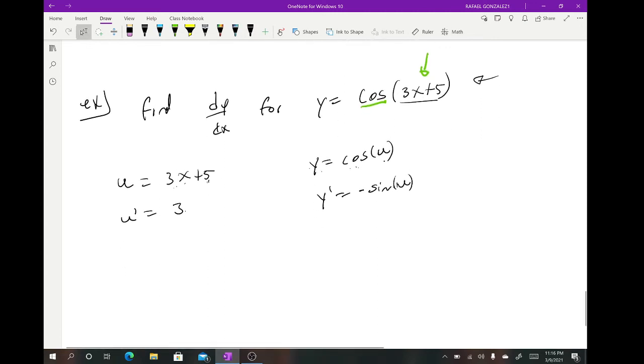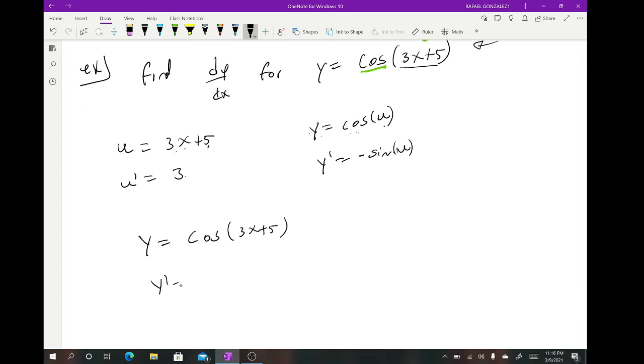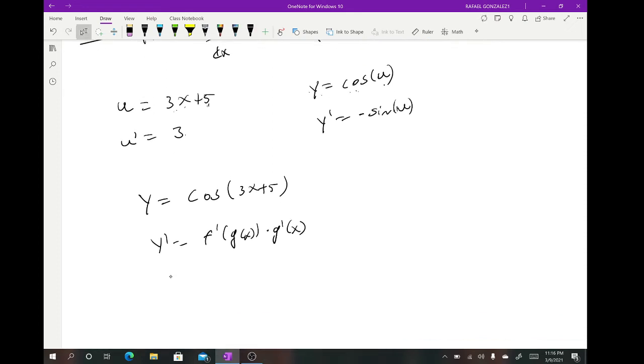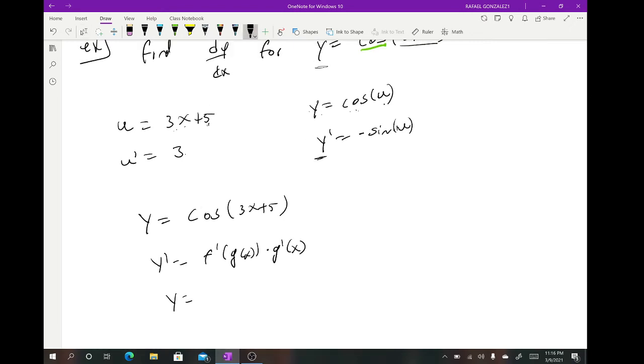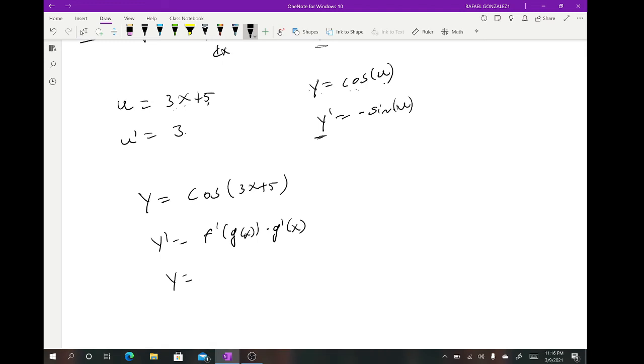So if we put the chain rule together now, let me just rewrite this. So this is cosine of 3x plus 5. Then by the chain rule, the derivative is going to be equal to f prime, evaluated at g of x, times g prime of x. So that's equal to, maybe I shouldn't use y prime. So this y and that y are not the same. But anyway, this is going to be equal to what f is.